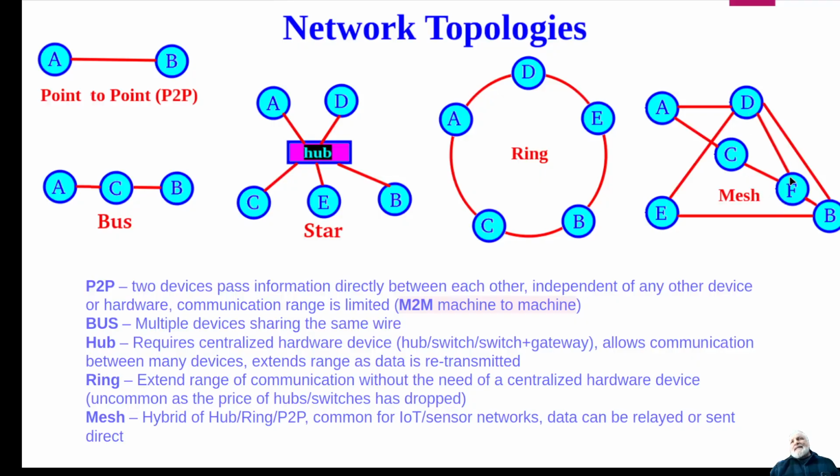So D might pass it to F and to E, and C could pass it to E and F also, and they pass it on until it finally gets to B. So for wireless technologies especially, this is very nice because you only have a limited range, but if you can pass it on to these guys that are closer, that effectively extends your range, although it will delay the communications because it has to be repeated multiple times.